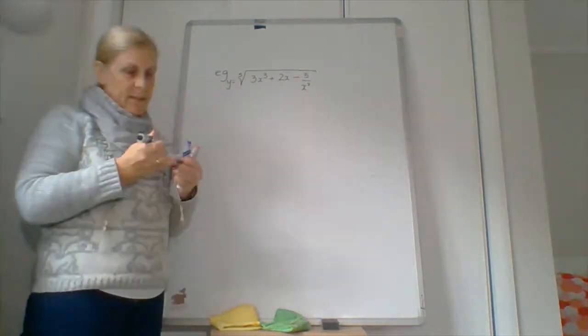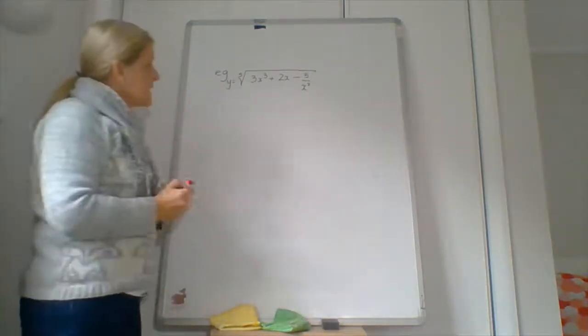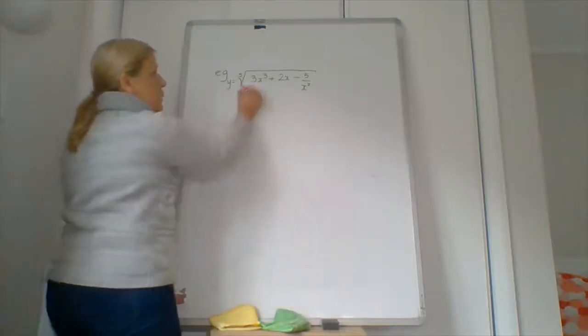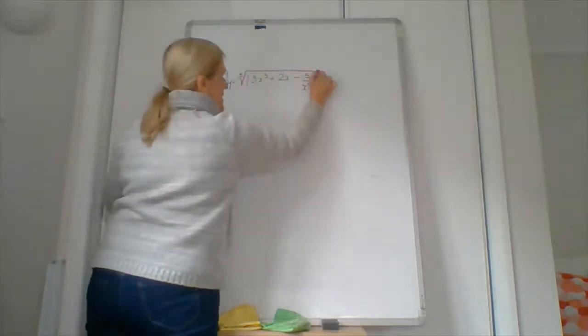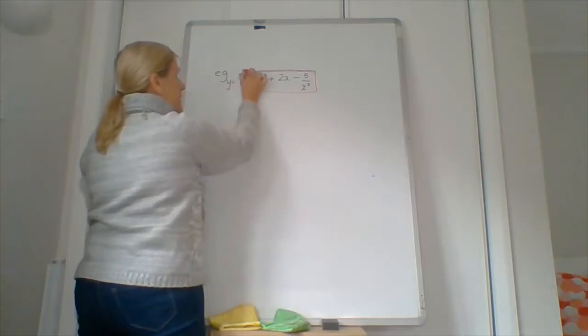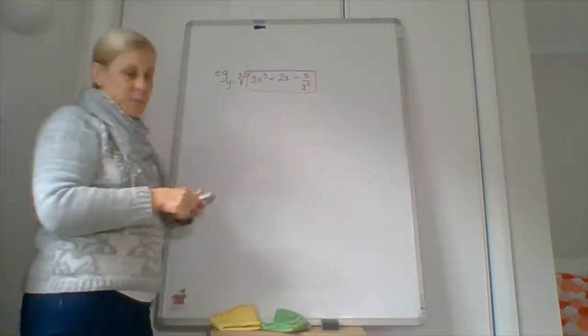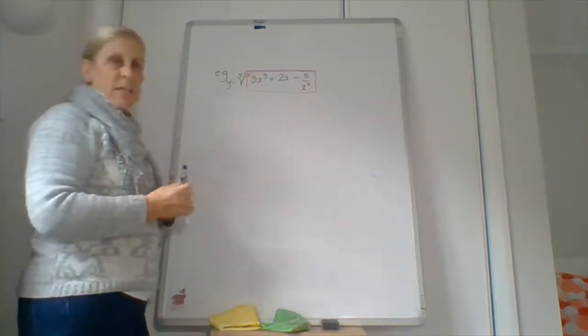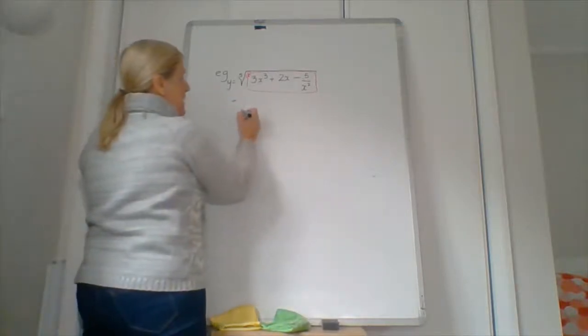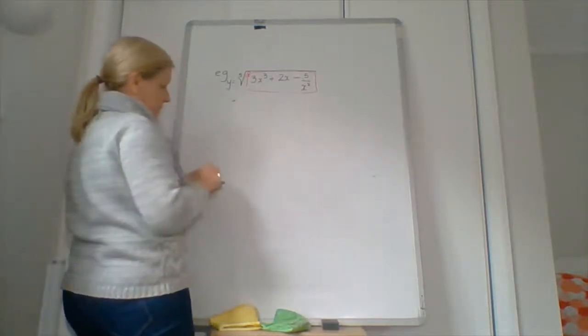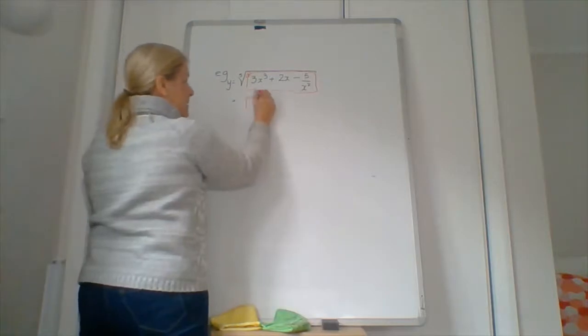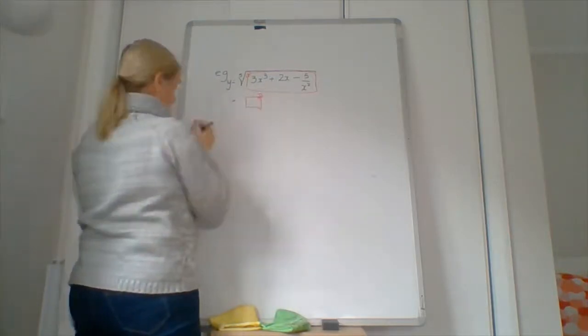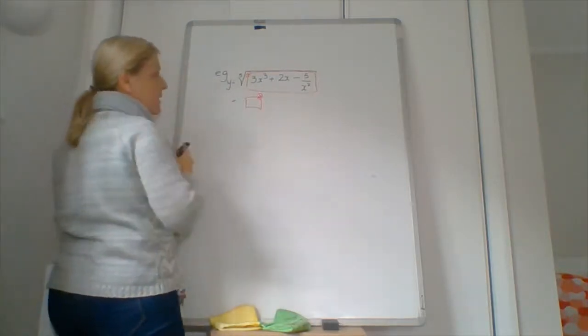Then again, you've got that present. That present is underneath the square root sign, the surd sign. So this is your present here, all right? So you have to think about that. But before you do anything, you have to rewrite it. So you rewrite it as present to the power of 1/5.